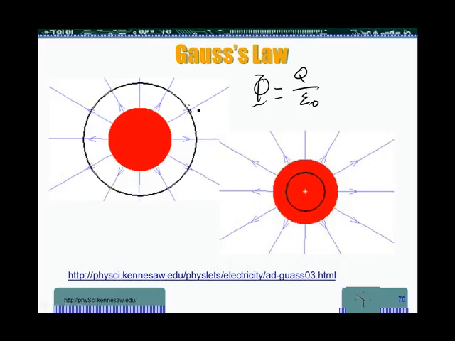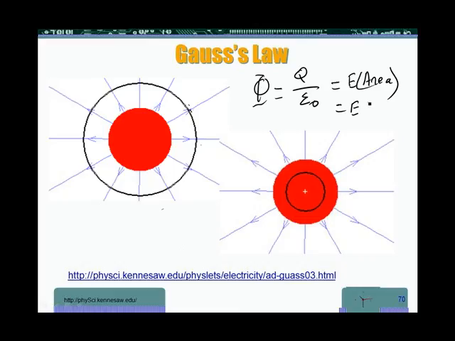Now, the electrical field is perpendicular to the sphere throughout here. So in that case, this is just equal to E times the area of the sphere. And what's the area of a sphere? Okay, now you need to remember a few things here.